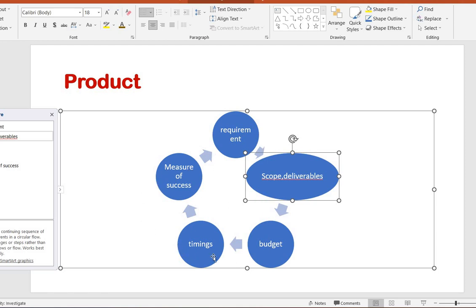Requirement is there, timing is there, budget is there, and the measure of success is how exactly it is going to give you profit, or from a business point of view, how well we did with this particular product. That is the biggest issue, or a point we need to answer.